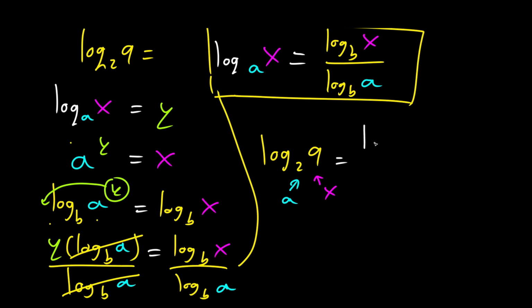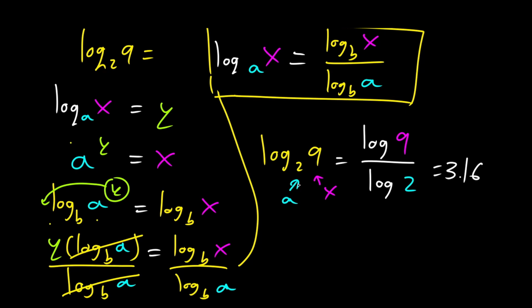This is the same as log base 10, which is just log, of 9, so log of 9 over log of a, which is just 2. And if you put this into your calculator, you will end up getting 3.16.